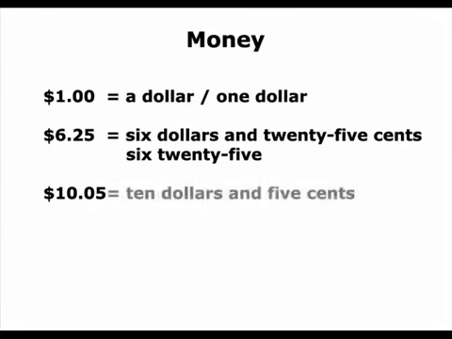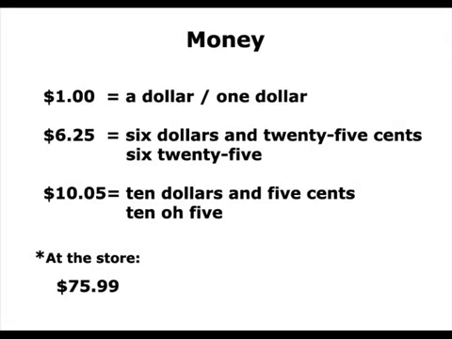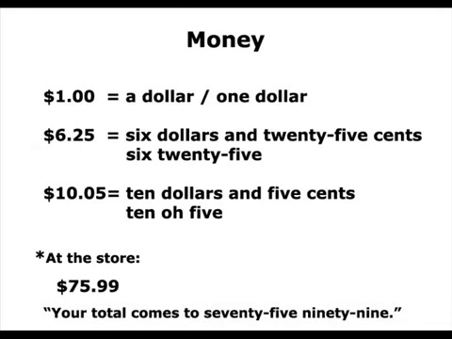You can say $10.05 or $10.05. When you go shopping, when you buy something at a store, the cashier usually says something like, "Your total comes to $75.99." It's not always necessary to say the dollars and cents.